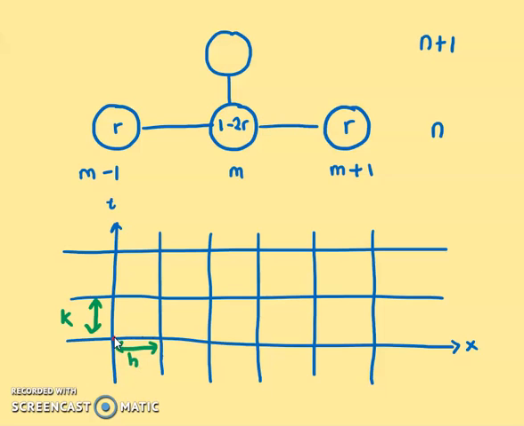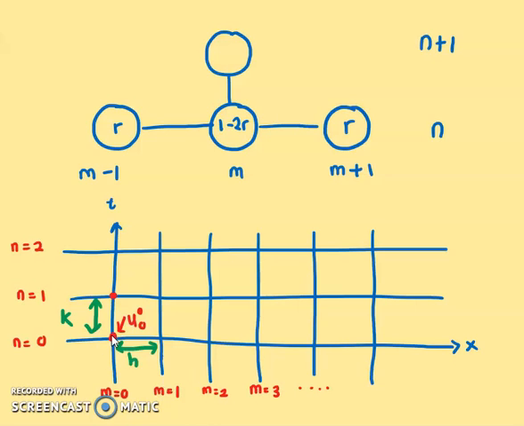Now if this is the origin, which is my u00, this one will be for t, or my n, equals 1, n equals 2, and this is n equals 0, and this is m equals 0, m equals 1, m equals 2, m equals 3, and so on.